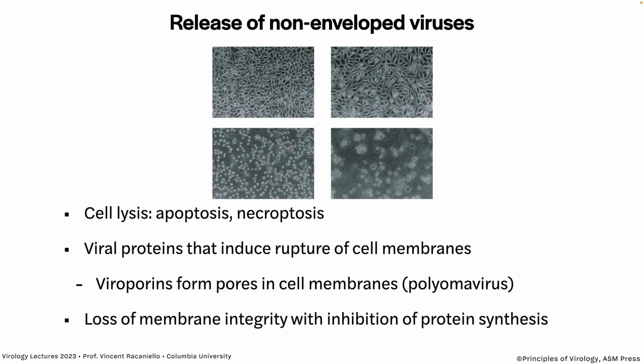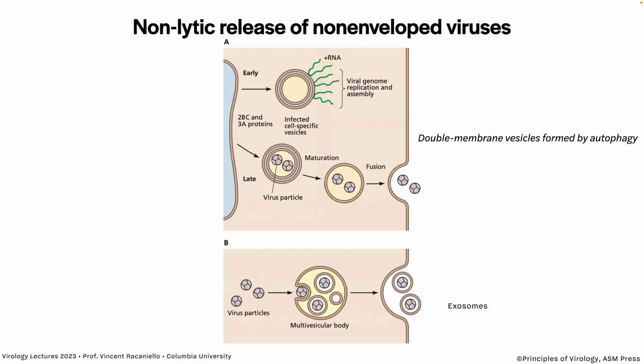But there's another more subtle way that I want to leave you with, and that is that some non-envelope viruses, like poliovirus, can get out of cells without the cells lysing. And that's because in cells infected with, say, poliovirus, remember, the virus induces the formation of double membrane vesicles, because it's on the surface of those vesicles that the RNA is made.